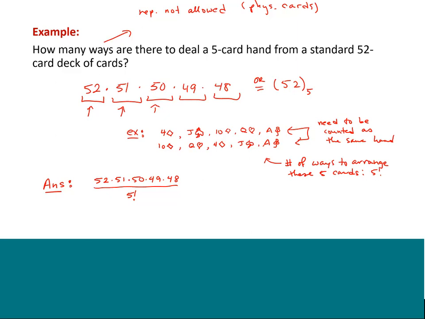That means our falling factorial over here is counting all 5 factorial ways to rearrange these cards as a different hand. You don't want that. So we say, hey, we overcounted by 5 factorial, so we are going to divide by 5 factorial. That is how you would fix this.